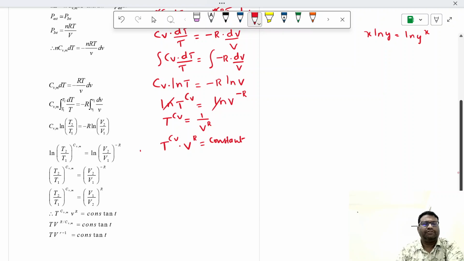Right? Then let us see here. Divide with Cv: T power Cv by Cv into V power R by Cv is equal to constant.